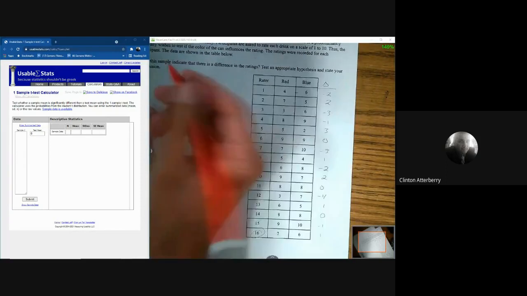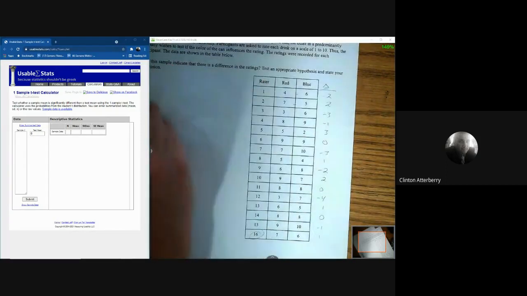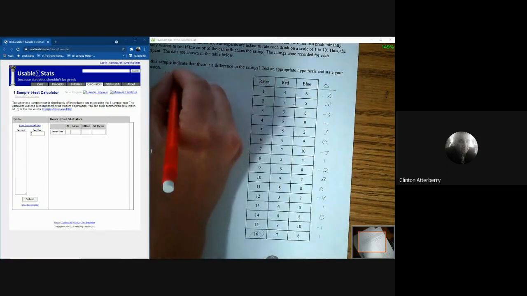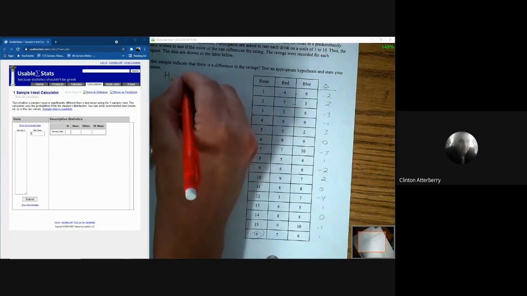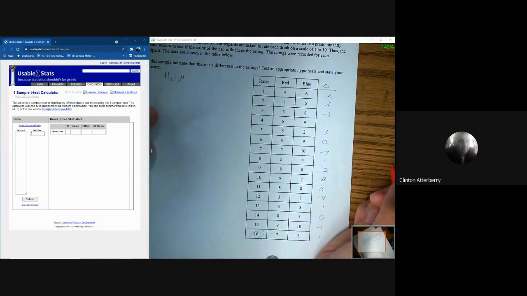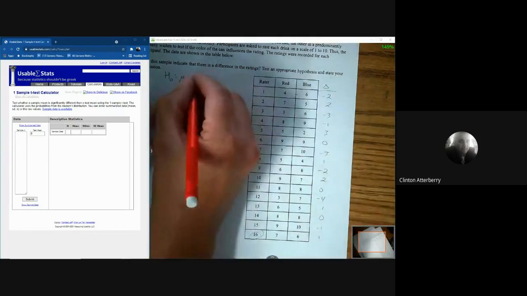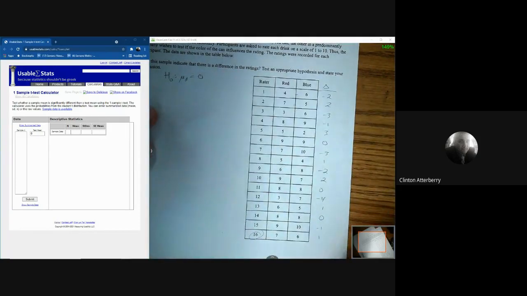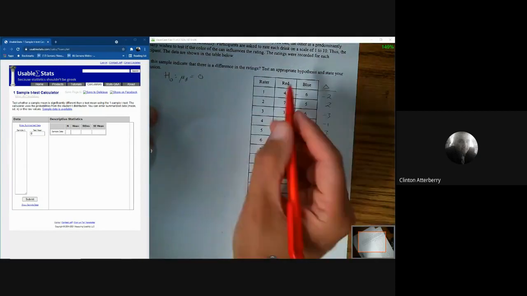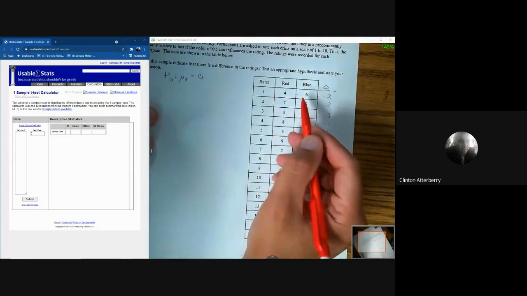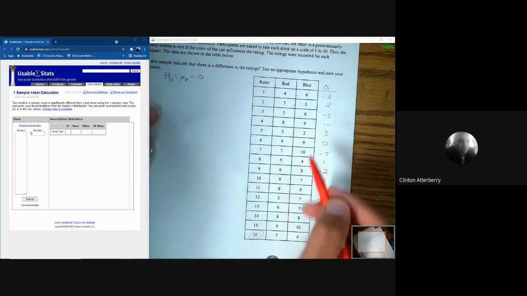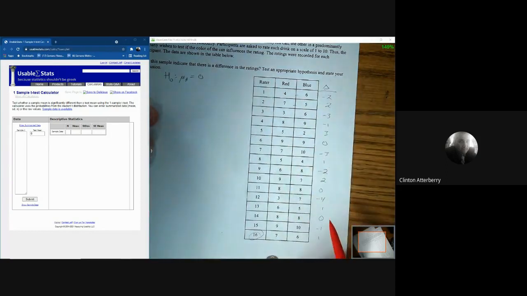We can start by saying our null hypothesis will be that our average difference, mu d, is going to be 0, that there is no difference between what people said for red and blue. And on average, will this equal out to 0?